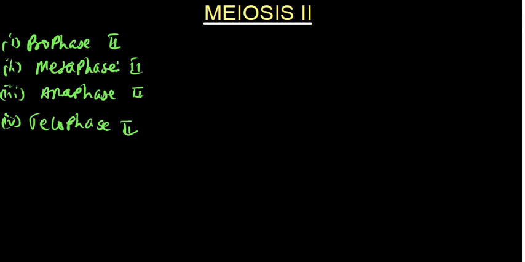Okay. So we start again in Prophase 1. What happens in Prophase 1? The same thing that happens in Prophase 1 of mitosis. It's the same that happens here. But at this point now, think of two cells undergoing the same cell division at the same time. So we have these two cells.